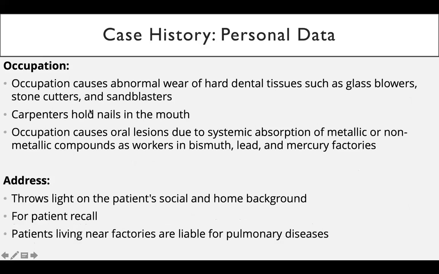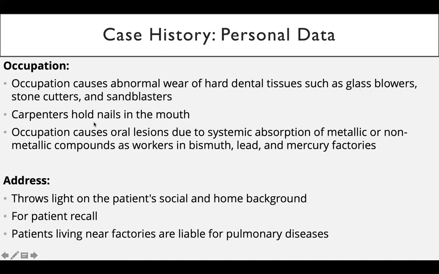And then the occupation is important because some occupations cause abnormal wear of hard dental tissues such as dentin and enamel, such as in the case of glass blowers, stone cutters, and sandblasters. Those particles, when they enter your oral cavity, can cause wear and tear damage of the teeth.